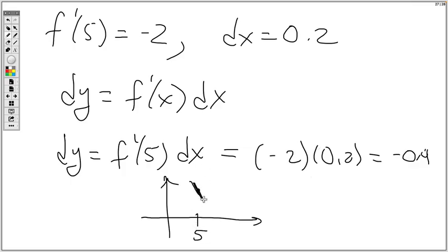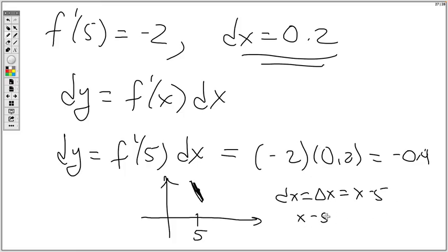All I know is that the slope there is negative 2. You follow? And the dx is 0.2. That means I'm looking at what x value? Right, so remember dx is delta x. That would be x minus 5. So if x minus 5 is 0.2, x must be what?